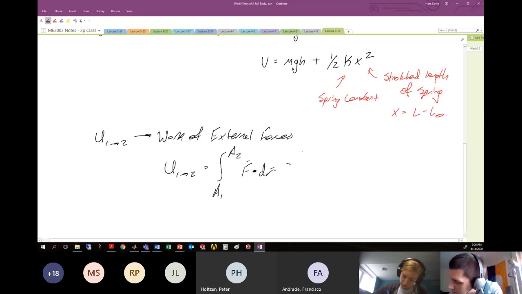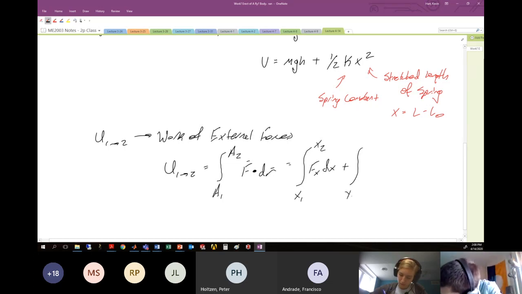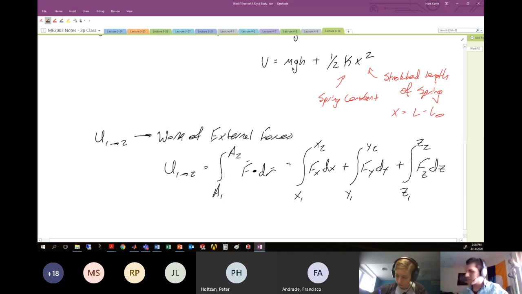You may have seen this in your class as something like the integral from x1 to x2 of fx dx plus the integral from y1 to y2 of fy dy plus the integral from z1 to z2 of fz dz. It's basically the force over the path that the object has moved.